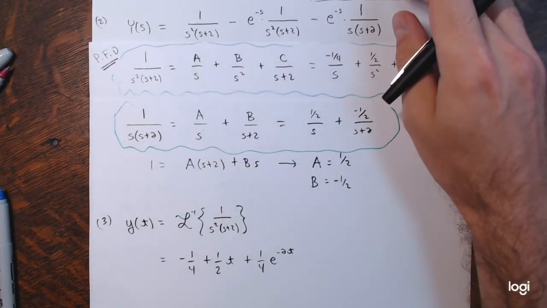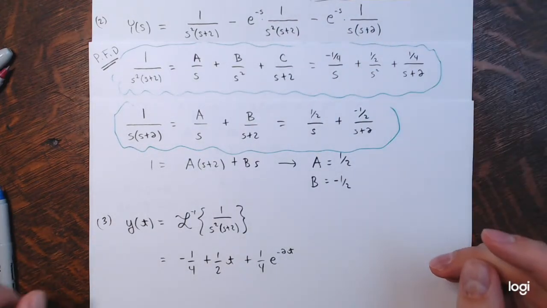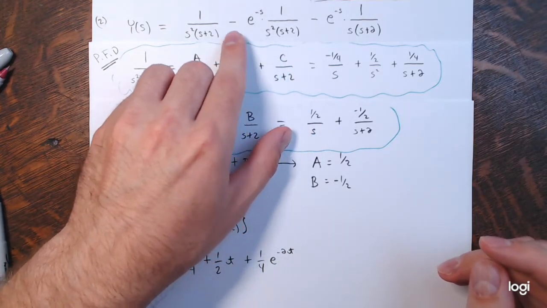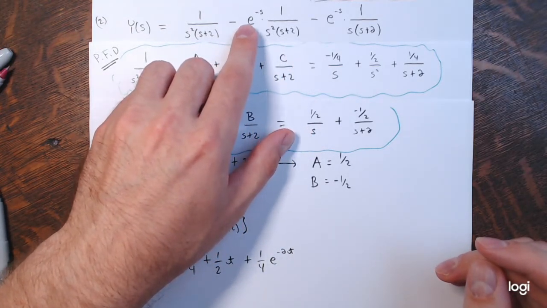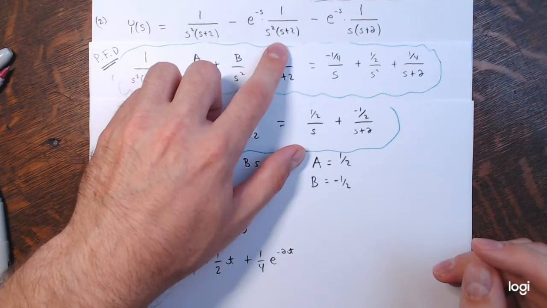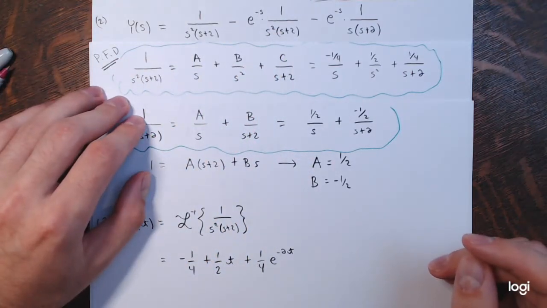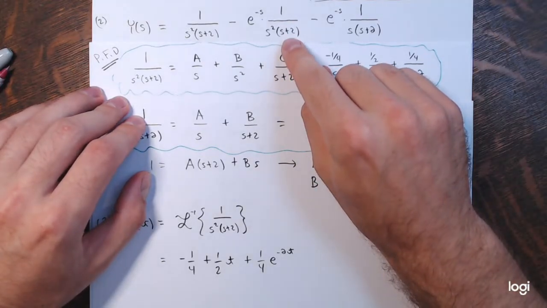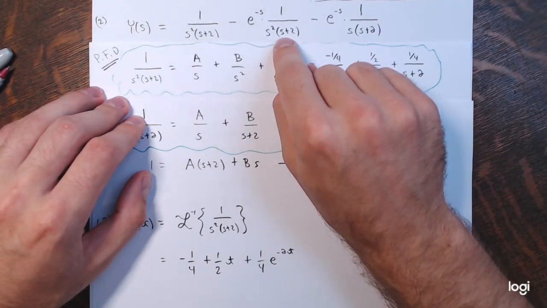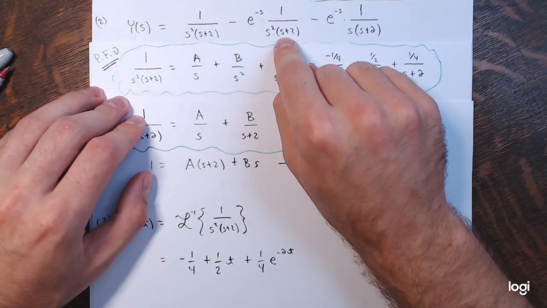Then the next part, I have minus e to the negative s times all this. And really, it's the same fraction, 1 over s squared times s plus 2.